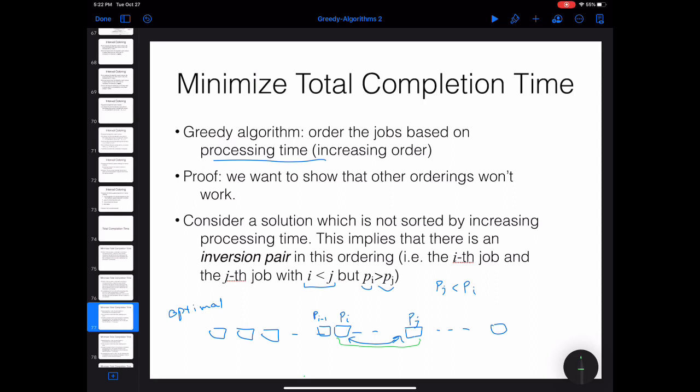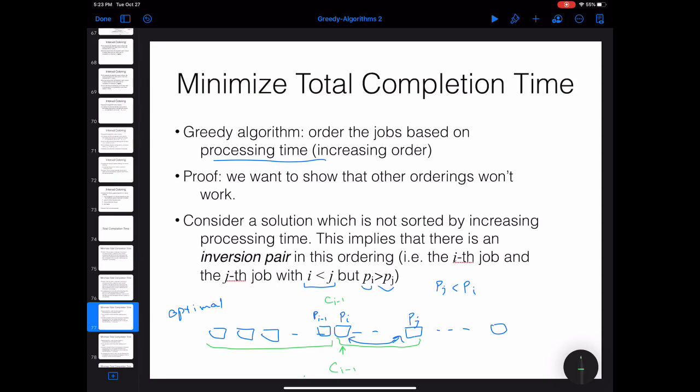Why? Because after you swap PI and PJ, the completion time of the job done here is going to be whatever the completion time was before it, which we'll call C of I minus 1.